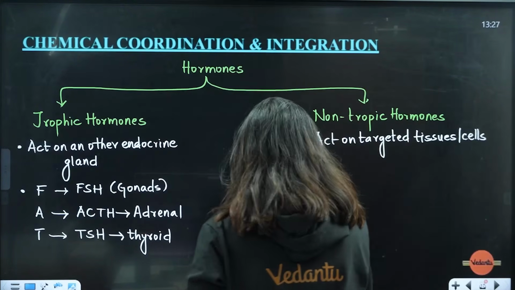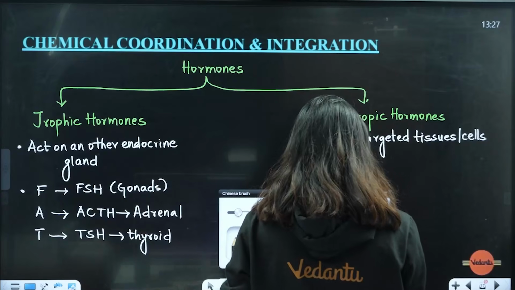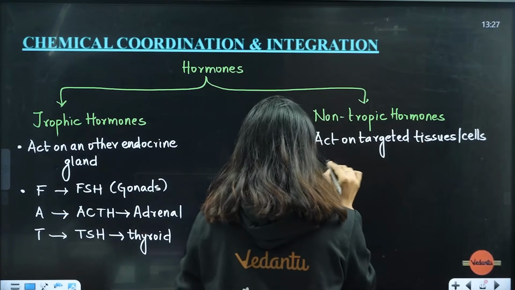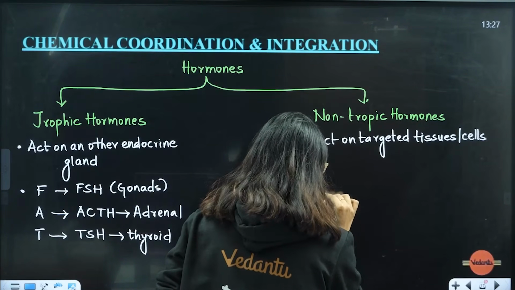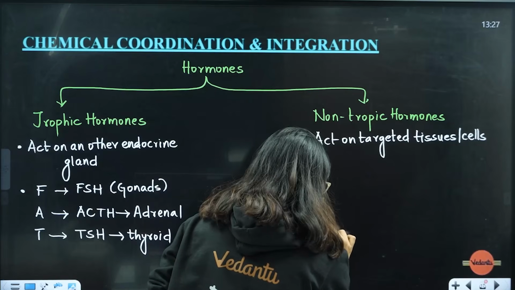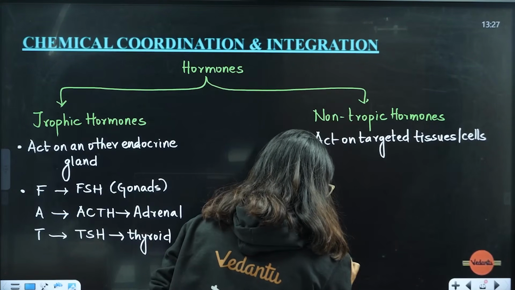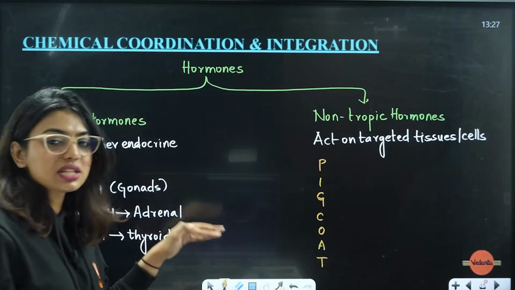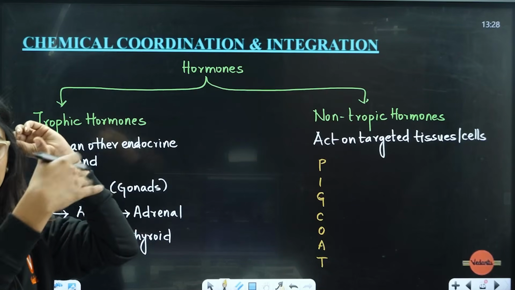Like example one, actually many examples are there. Students, PIG COAT. Here PIG COAT you can remember. This is actually prolactin. You can remember like that many.